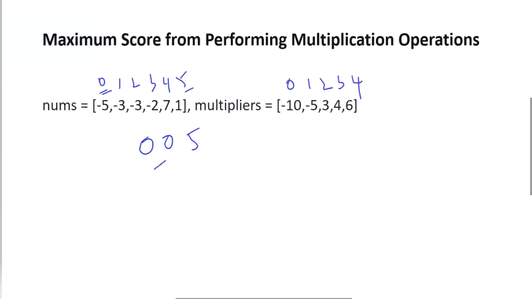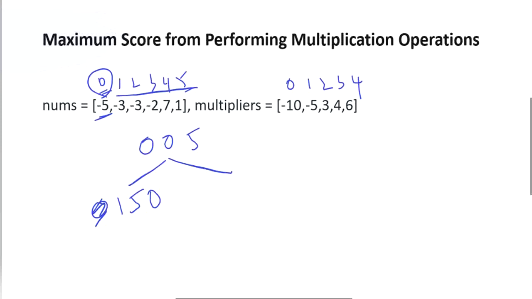If we are considering the first element, that is -5, the rest of the array is going to be from 1 to 5. So the starting index is 1, the end index is 5, and the multiplier index is 0.